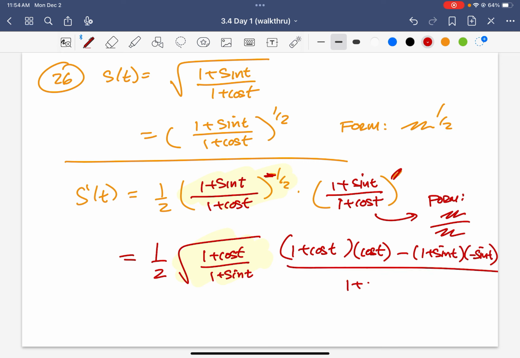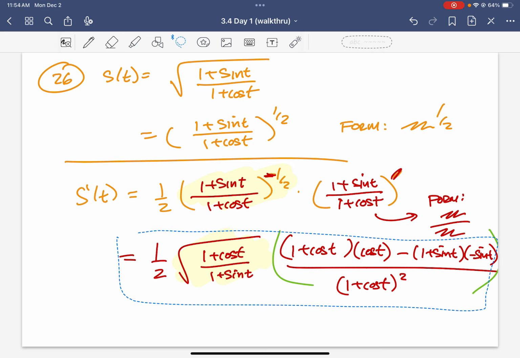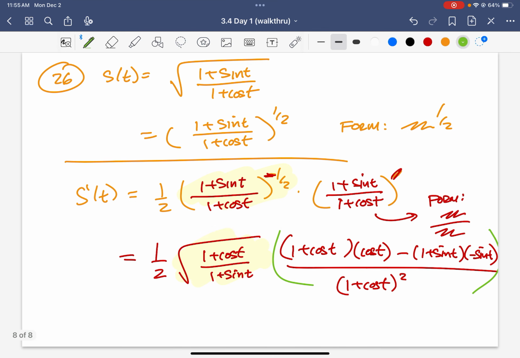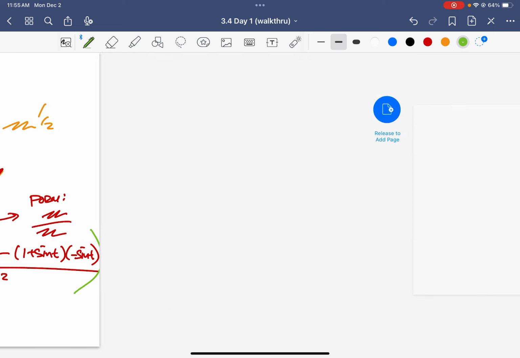All over (1 + cosine t) squared. So be careful. Should look like that, right? So if it asked you just to find the derivative, you would be done and you could stop there. Now, if it says simplify, you need to know how to simplify.